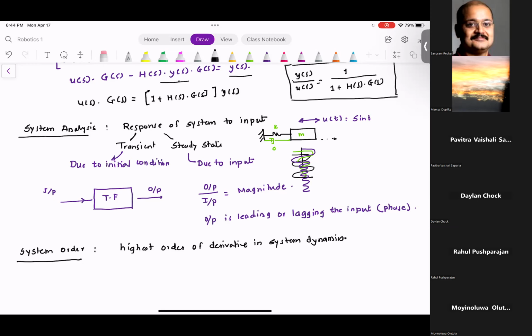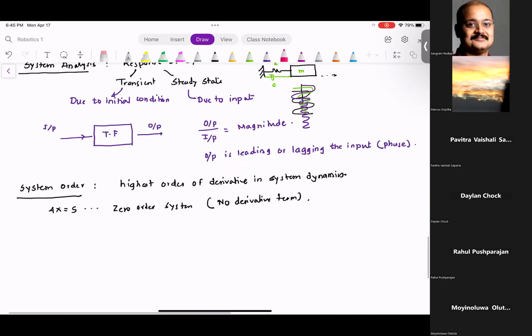So for an example, if we have a system 4x = 5, which is the zero order system, because no derivative term. Then you can have 4x dot is equal to 5.